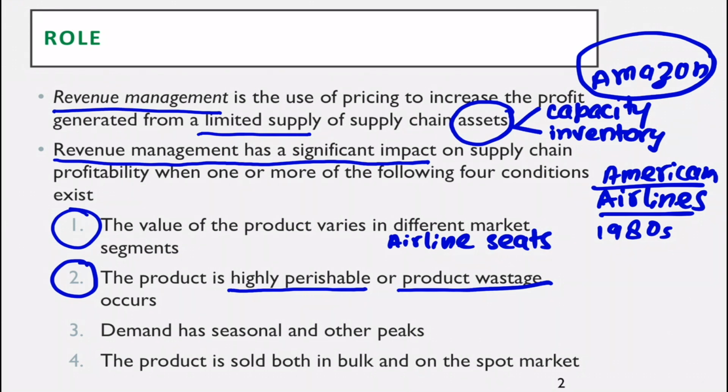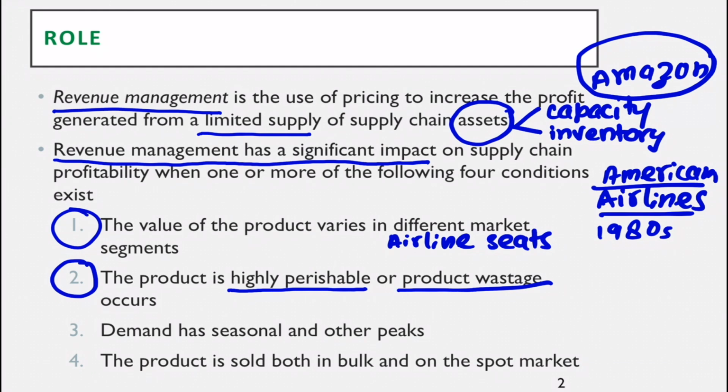Similarly, production or storage or transportation capacity loses its value if it is not used at a given point in time. For example, a plant may have a machine and if it is not used for 1 day, that capacity is lost.